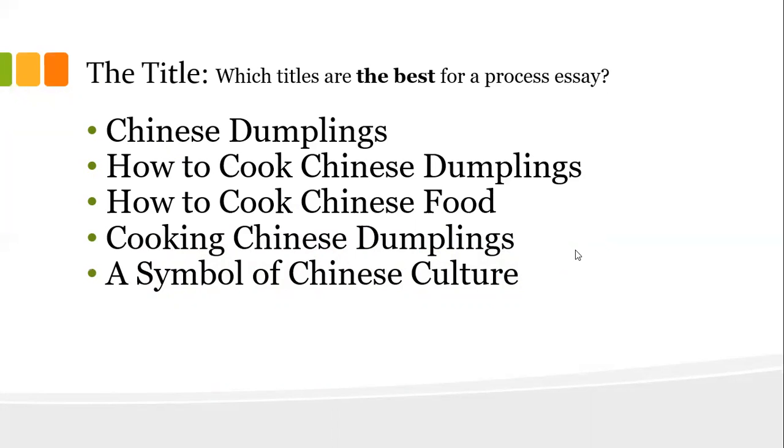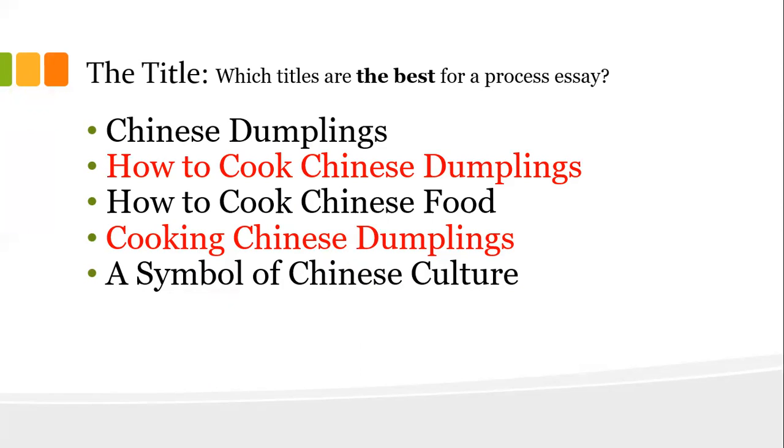Okay, let's look. We have, for a process essay, how to cook Chinese dumplings and cooking Chinese dumplings. Remember that when we're describing a process, you're telling me how to do something. You're giving me the instructions, the directions for how to.